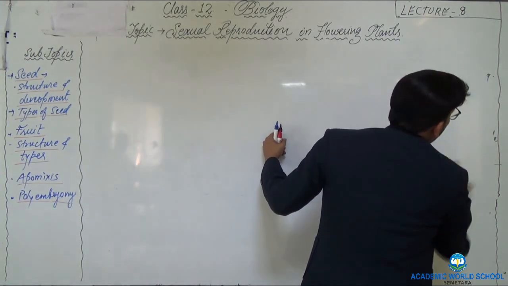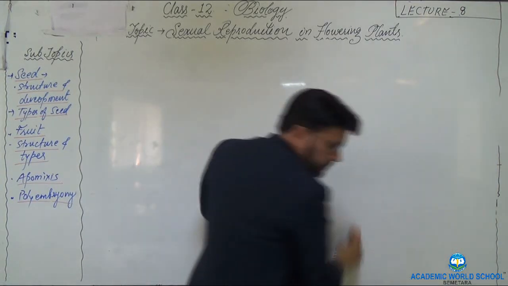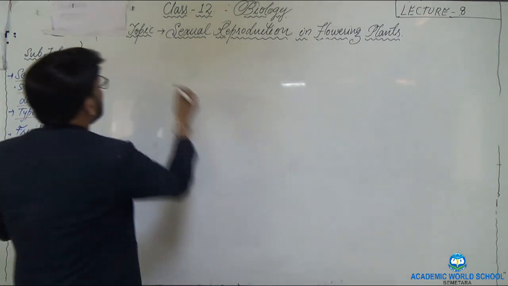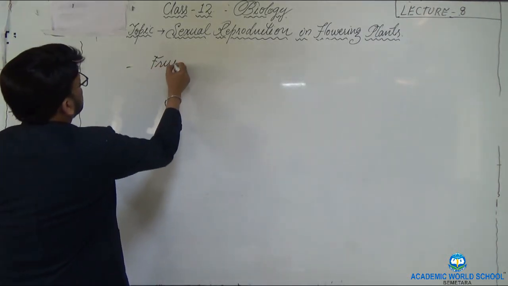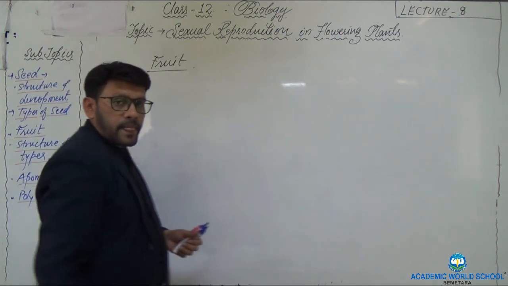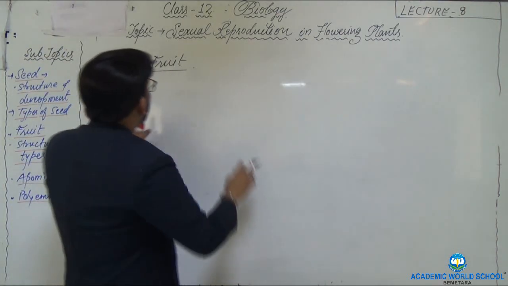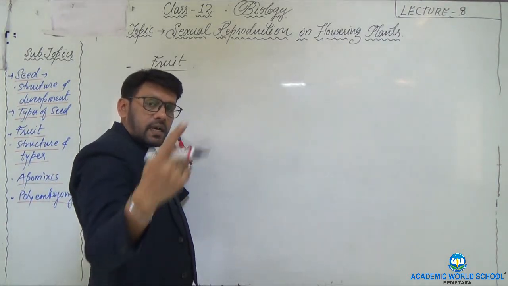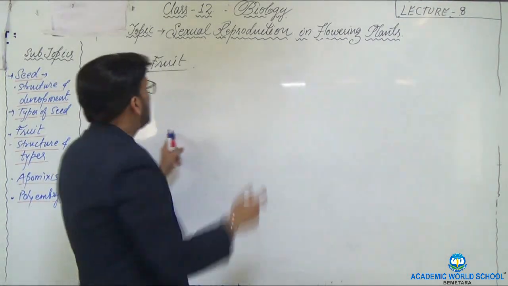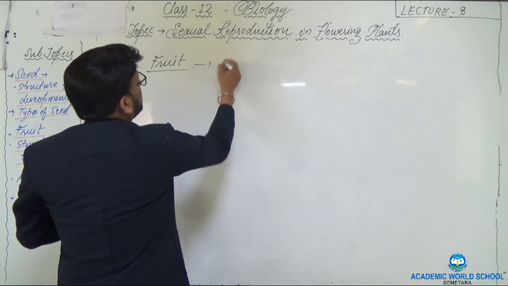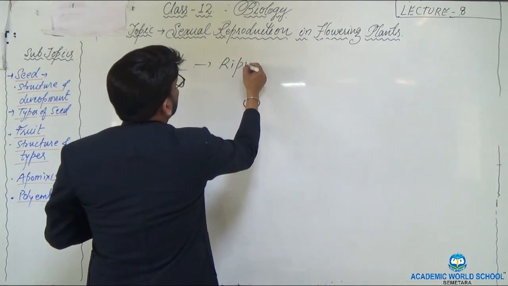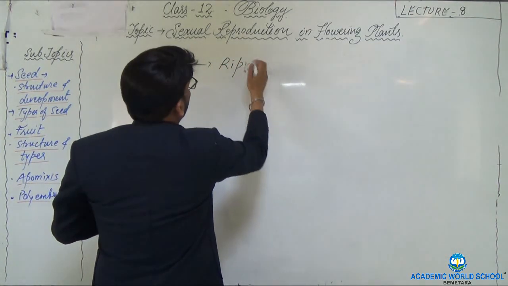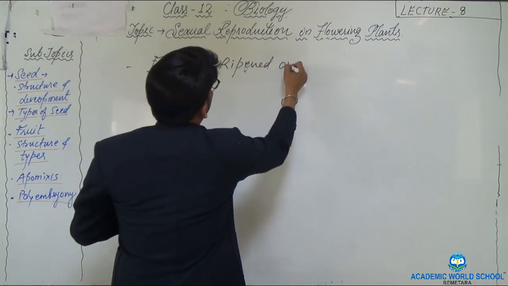Now we proceed with another segment that we call the fruit. Now, fruits, as I told, in case of the seeds are the ripened ovule. So fruits are nothing but the ripened ovary.